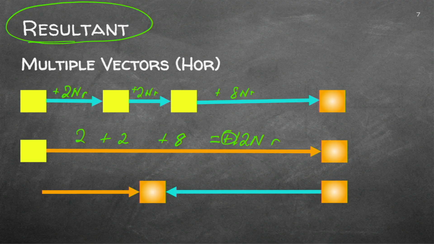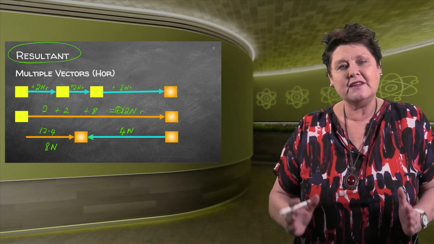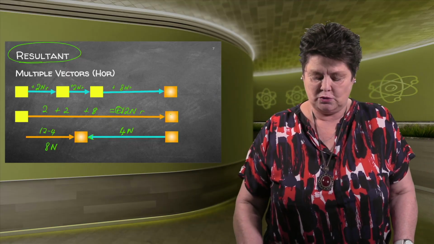What will happen if I pull the box back again with, let's make this 4 newtons to that side? Well, it's then 12 to that side. I'm pulling it back with 4. 12 minus 4 will be a resultant of 8. Please have a look at the sizes of the arrows. This one doesn't really represent 4 because it's smaller than the 8. Make sure that you do it in the same proportions as the values will be.